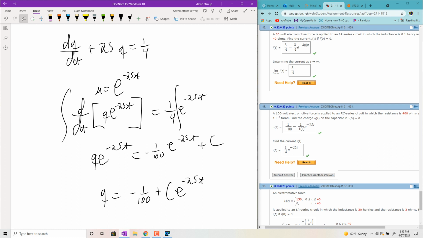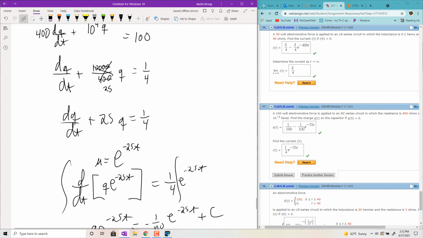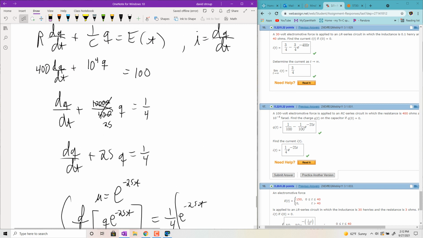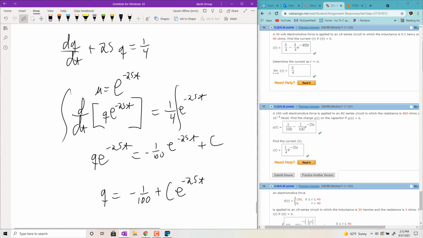Then use the initial value q of 0 to solve for c. Seems like I did something wrong. I don't know.